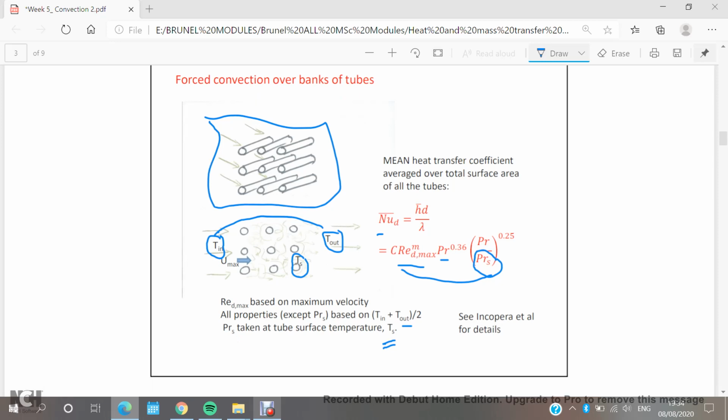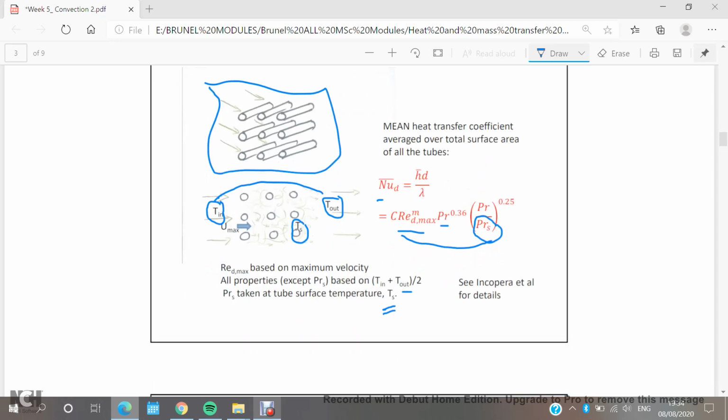Remember that in case of the fluid moving in, if the temperature at the inlet, T in, is less than T out, it means the fluid is getting hotter. That means that the tubes or the pipes initially have a temperature higher than the fluid.